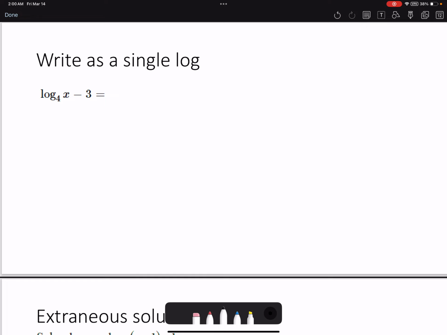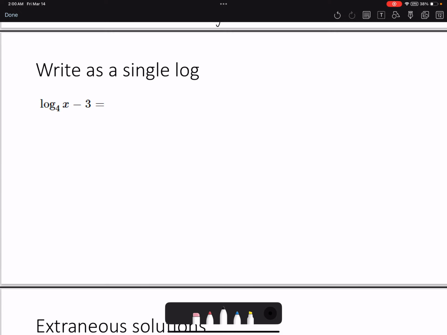Okay. Now we're going to write this as a single log. So in order to make this into a single log, we need to have log base 4 of something and then log base 4 of something.